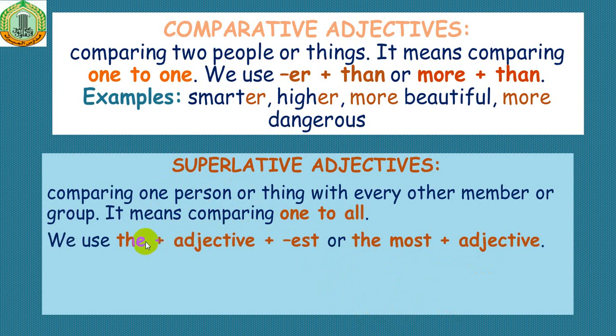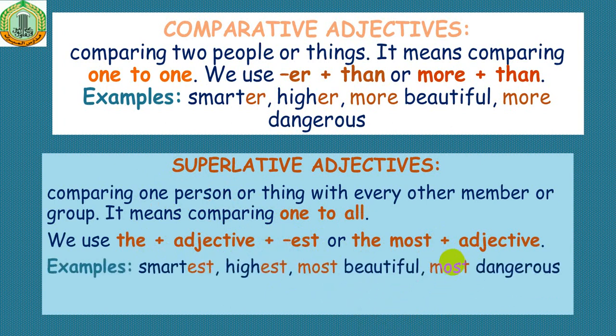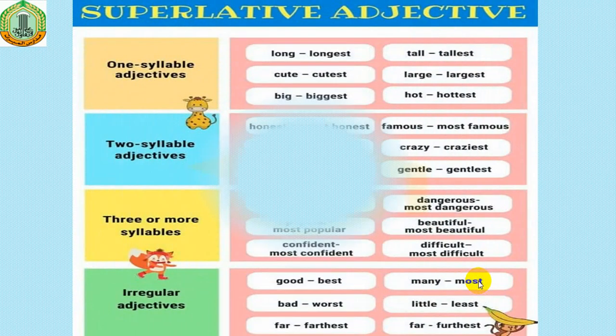We use the plus the adjective plus est if the adjective is short, or the most plus adjective if the adjective is long. Examples: smart is a short adjective, I add est. High, highest. Most beautiful and most dangerous, since these adjectives are long ones.